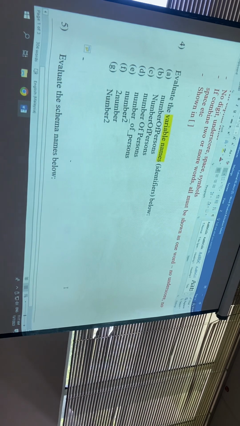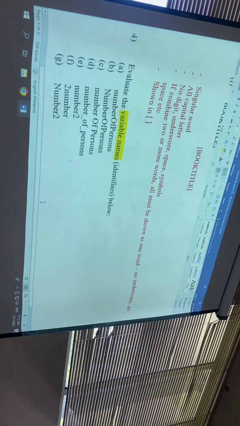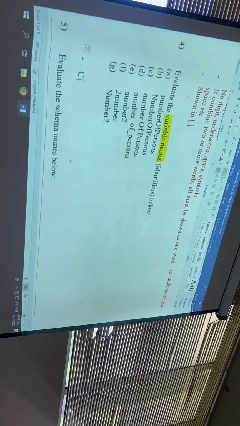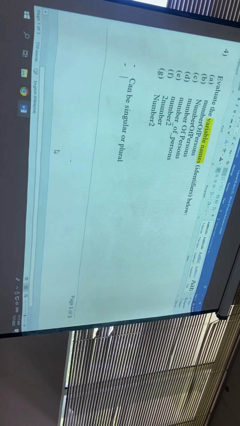Anybody remember? What will be the rules for identifiers? It can be singular or plural, no problem.